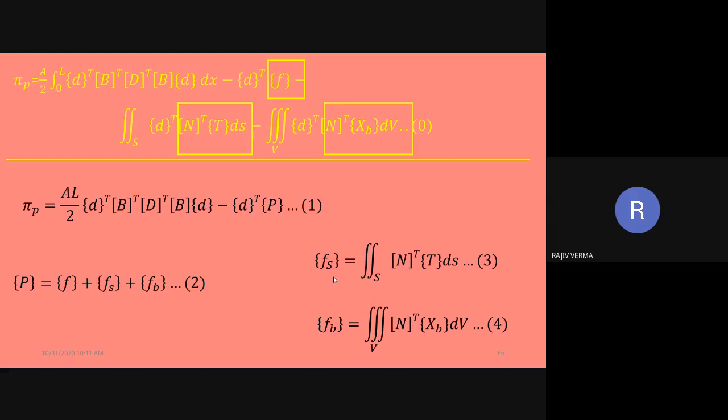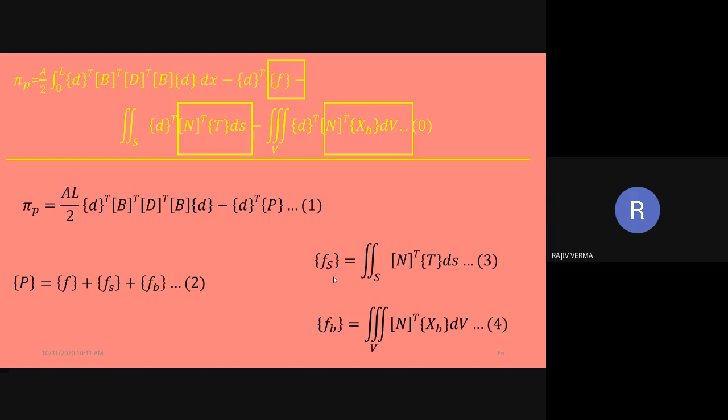Equation number 3 represents that if there is a surface loading on an element represented by capital T, then it can simply be manipulated by this shape function and integrated over the surface to give Fs, which means that equation number 3 can be used to convert the surface load into equivalent point forces acting at the two nodes.